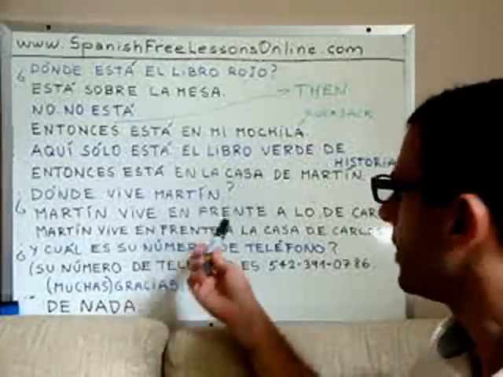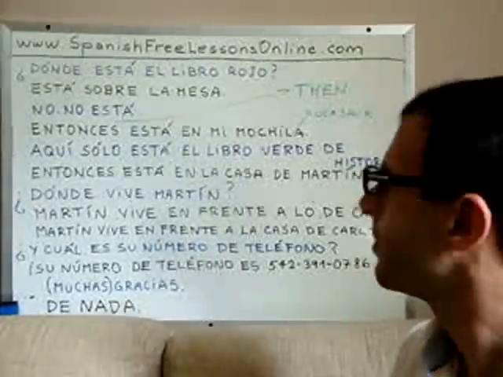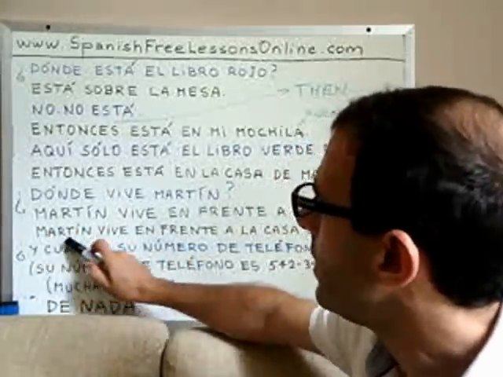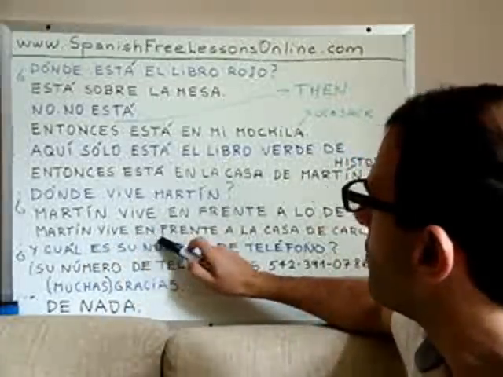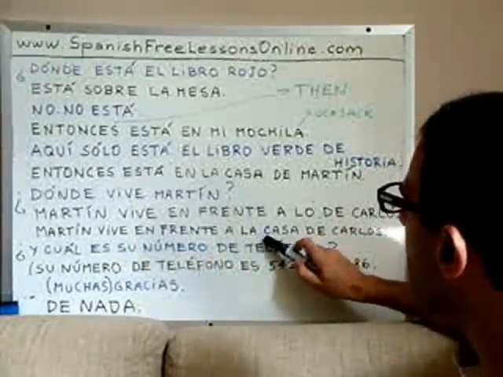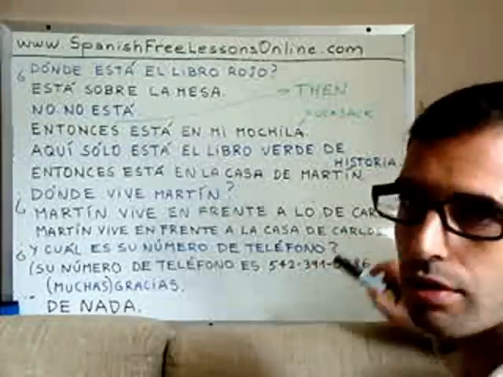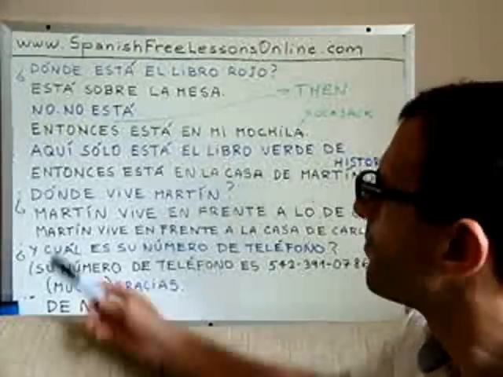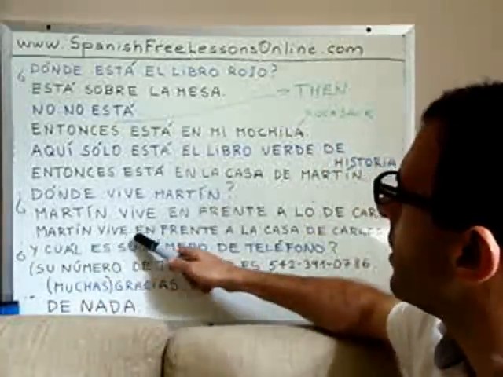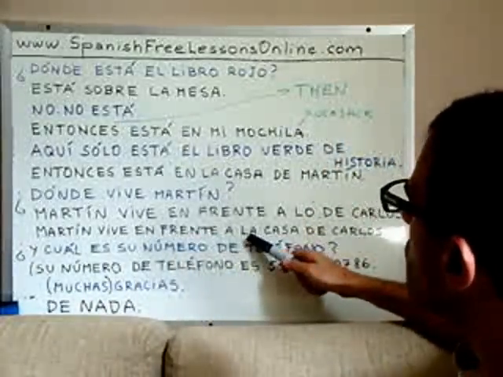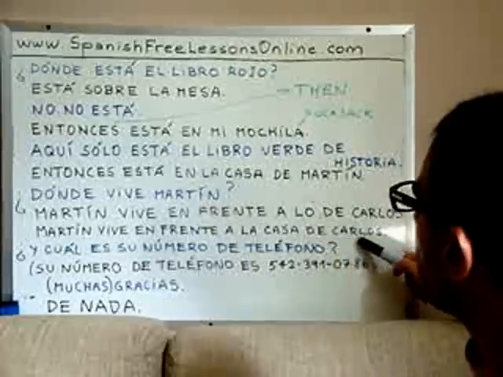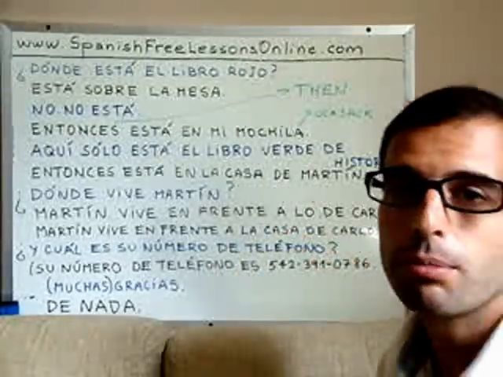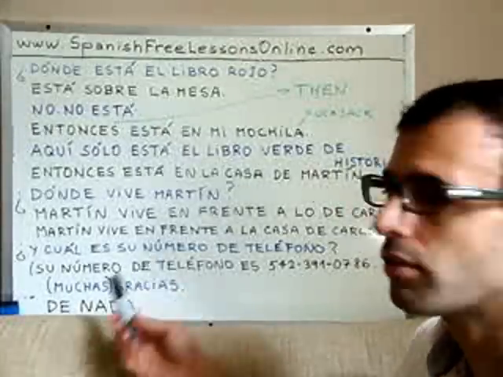The other way of saying it would be this one here. Martín vive en frente a la casa de Carlos. This is Martín lives in front to the house of Carlos. Here you explicitly mention the house, right? So Martin lives in front of the house of Carlos.